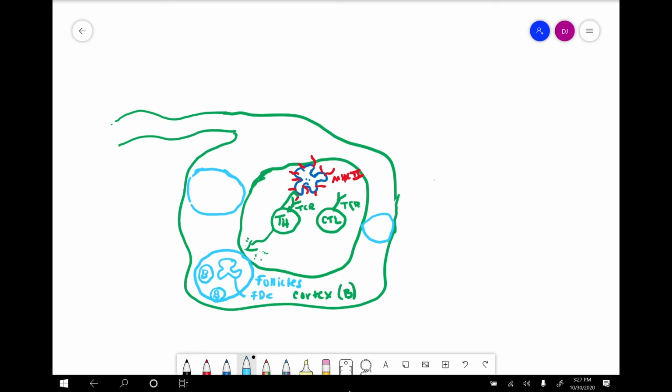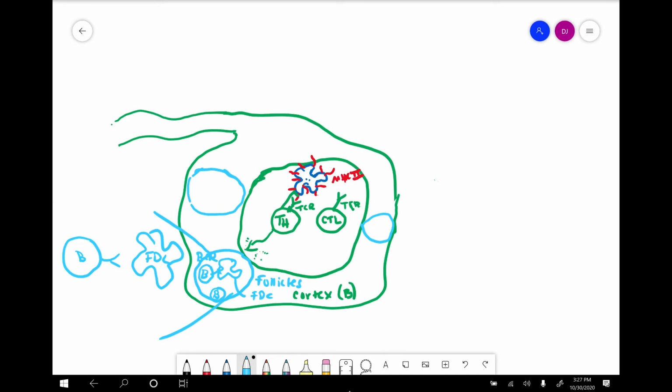And also remember that a B cell has its own unique, wonderful B cell receptor that gives it specificity. So let's blow this drawing up a little bit so we can see it a little bit better. So here is our FDC, and here is a single B cell. So again, like we saw with helper T cells, it's not going to be a single solitary B cell. There's going to be thousands of these things interviewing with these follicular dendritic cells.